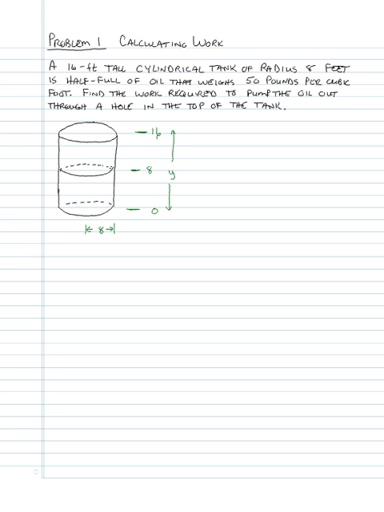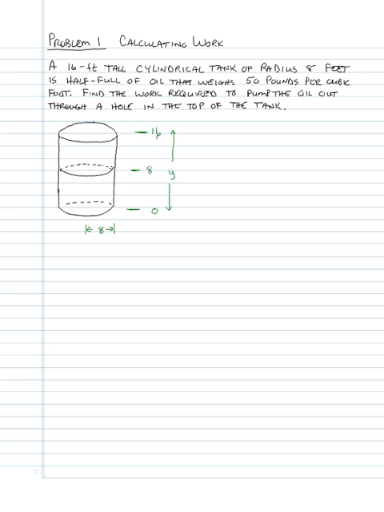Okay. Well, here's what we're going to do. The idea here is different than what we had with the solid object previously in the introduction. You see here that we're not lifting all of that oil 16 feet or 8 feet or whatever.